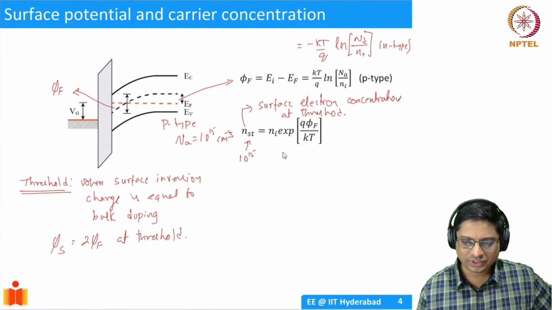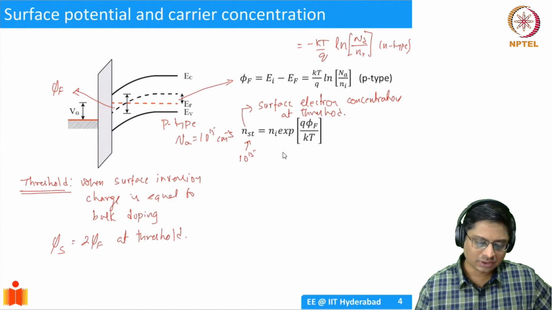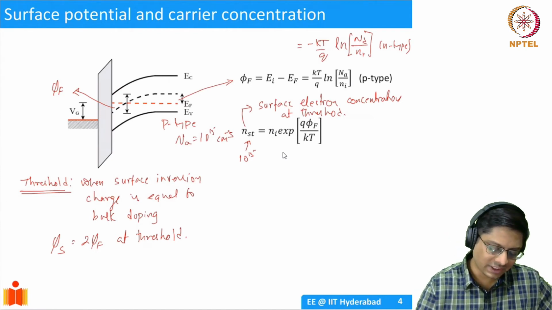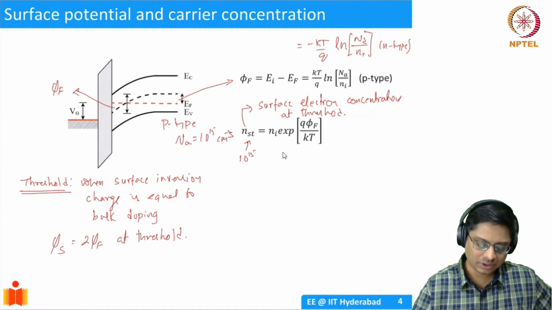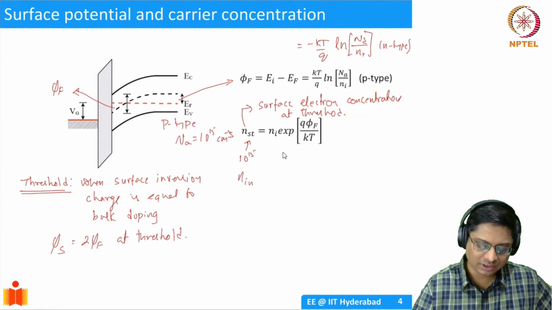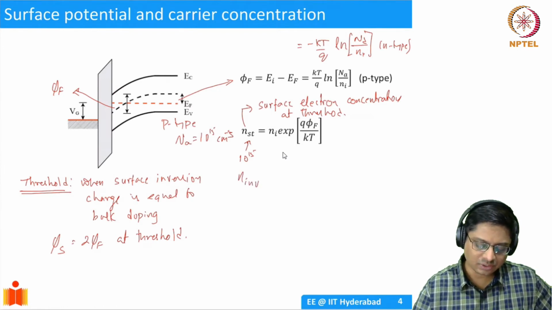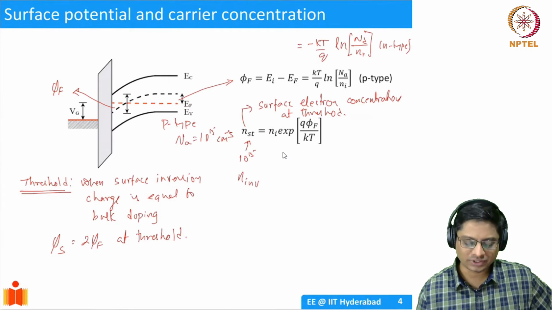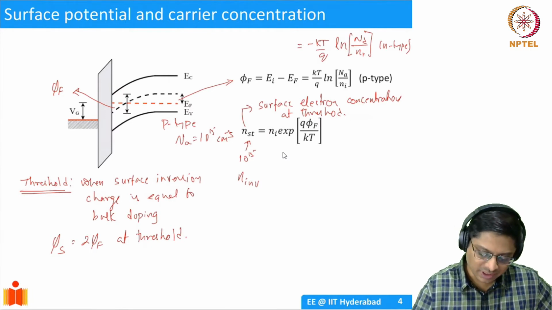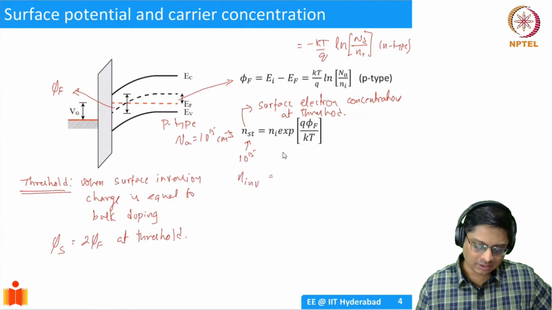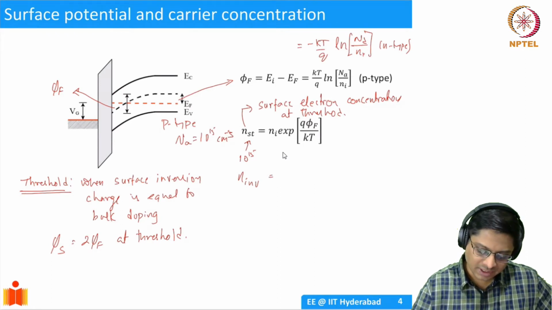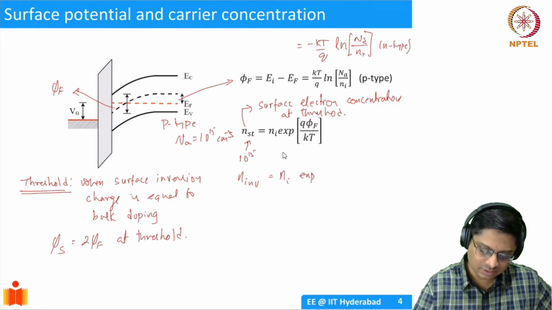But the actual carrier concentration is the inversion charge, right? So how will that change? For any inversion charge beyond threshold, let's say the inversion electron charge, this will be simply Ni times exponential of q phi f by kT.